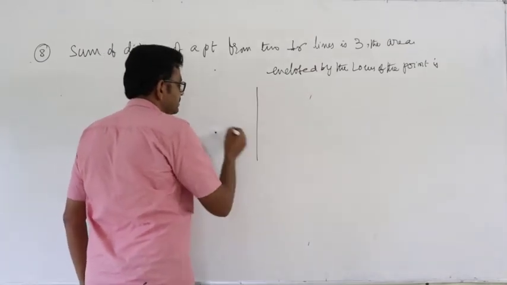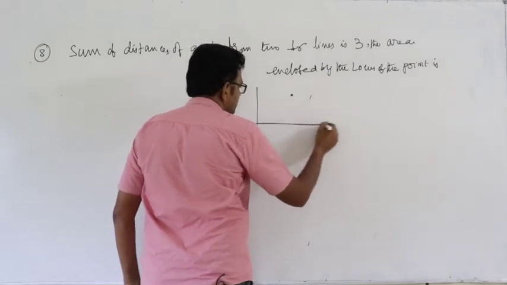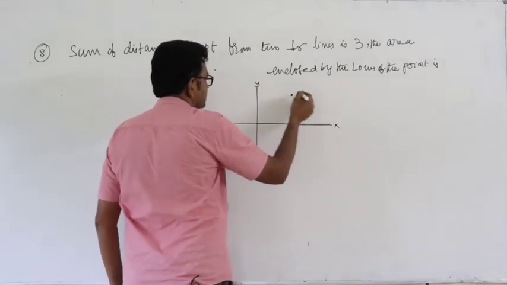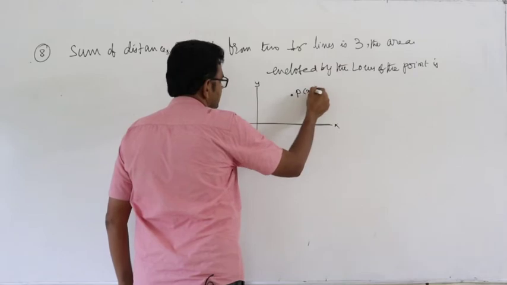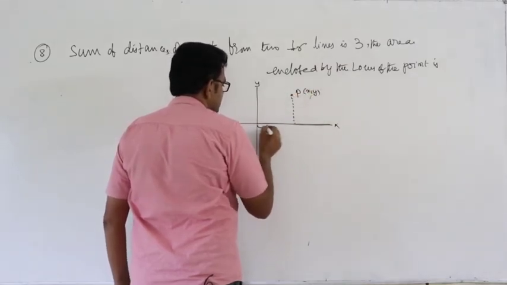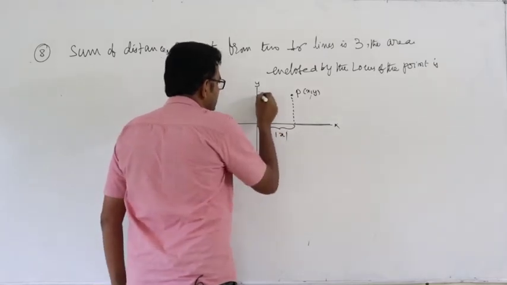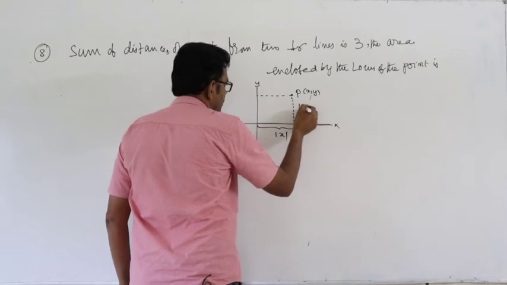Suppose one is the x-axis and one is the y-axis. Suppose the point is P(x, y). The distance from the y-axis is |x|, and the distance from the x-axis is |y|.